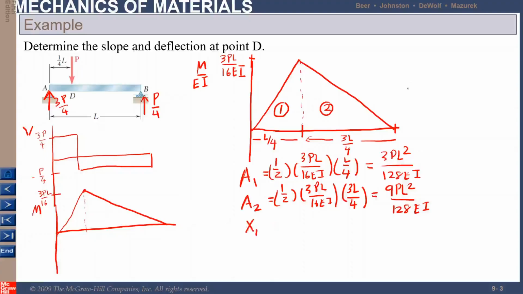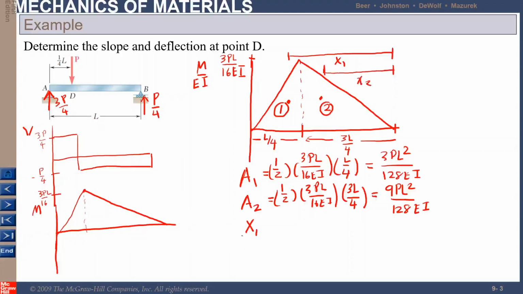For x1, we know that it is situated 1/3 from this point here. So over here is our x1, measured from the right side to the centroid. For x2, it is also 1/3 from the long end of the triangle, so it should be around here. This is the value of our x2.